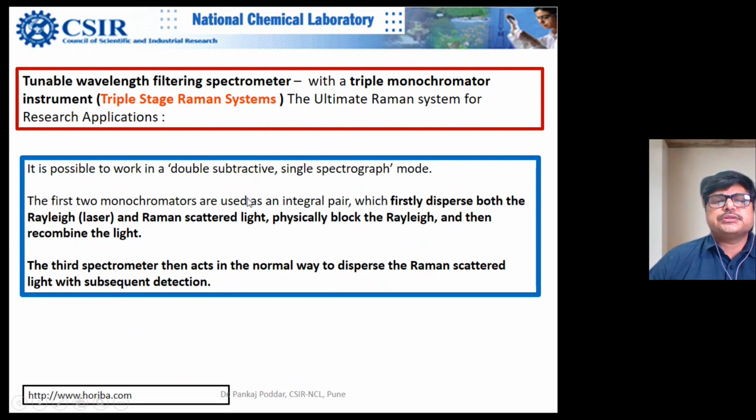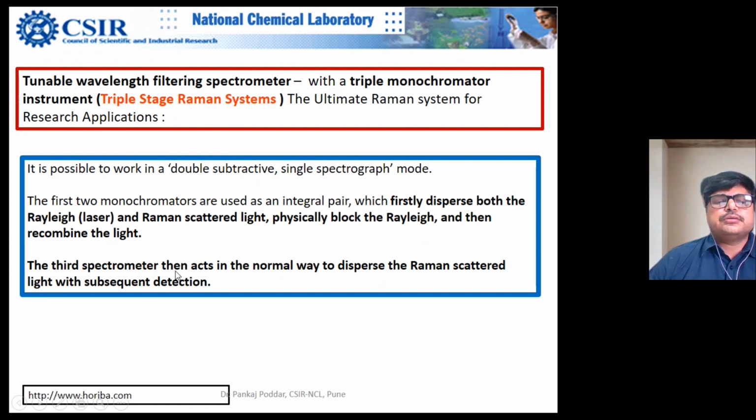The first two monochromators are used as an integral pair, as we just discussed in the previous diagram, which first disperse both the Rayleigh and Raman scattered light and physically block the Rayleigh and then recombine the light. So here we are not taking advantage of dispersibility because we are remerging them, but we are taking advantage that Rayleigh can be very nicely blocked, whatever may be the wavelength. That's a beautiful thing actually.